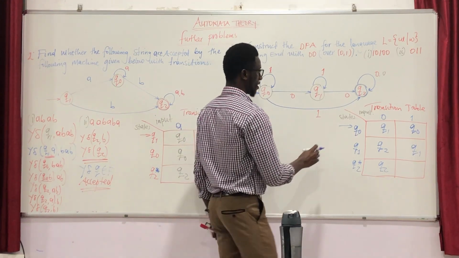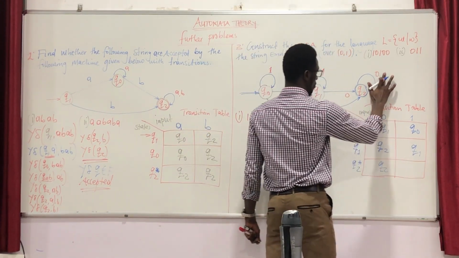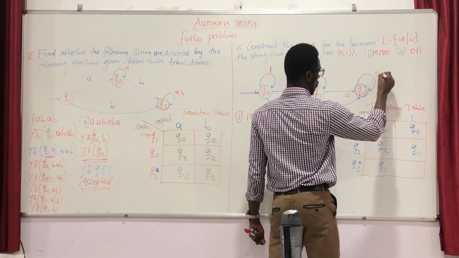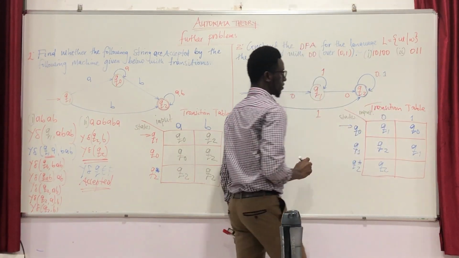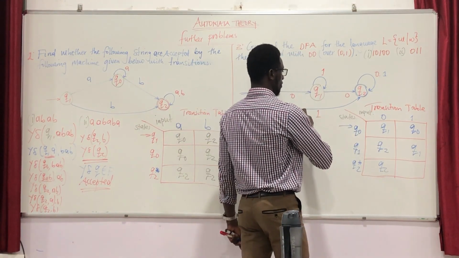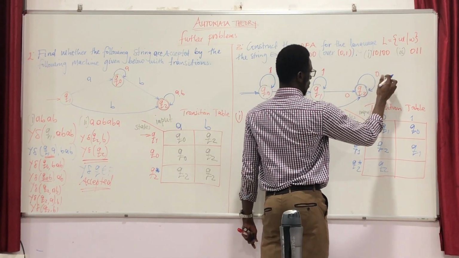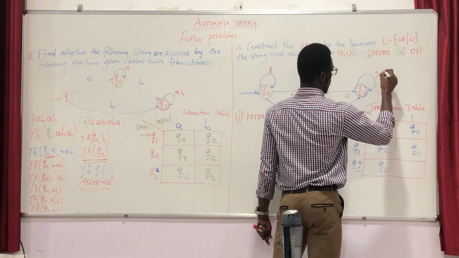Q2 on 1 here, you can either remove this or you can also change this. We say 0, 1, same, so that we can get our final states. But if you say 1, 0, 0, no. So let's just leave this blank.